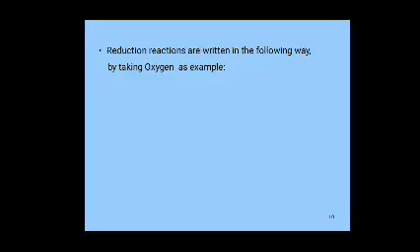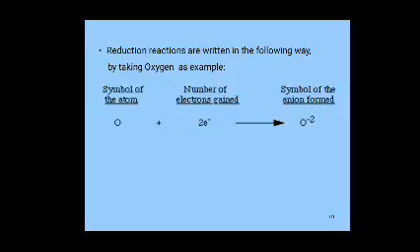Reduction reactions are written in the following way, taking oxygen as an example. The symbol of the oxygen atom is O, its electronic configuration is 1s2, 2s2, 2p4. Its valence shell has 6 electrons.